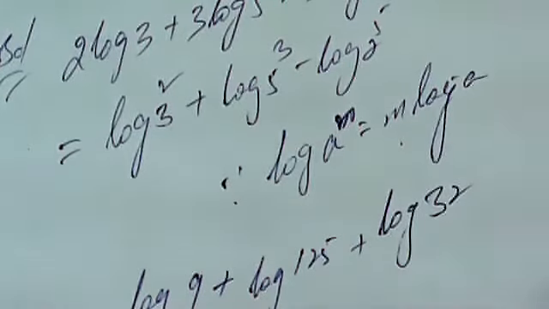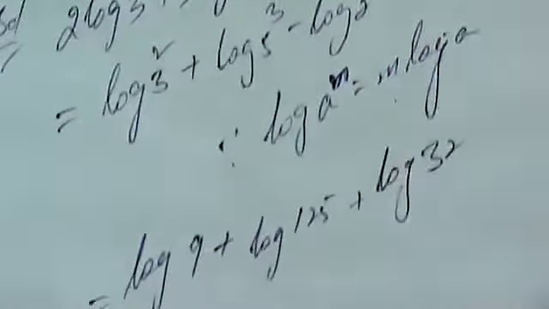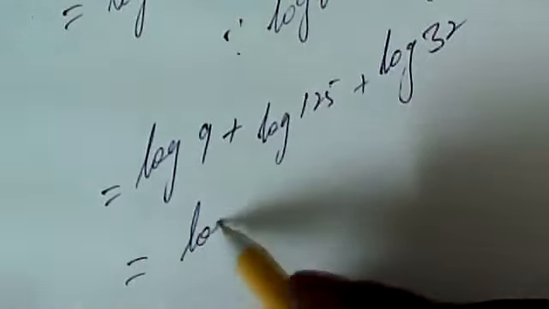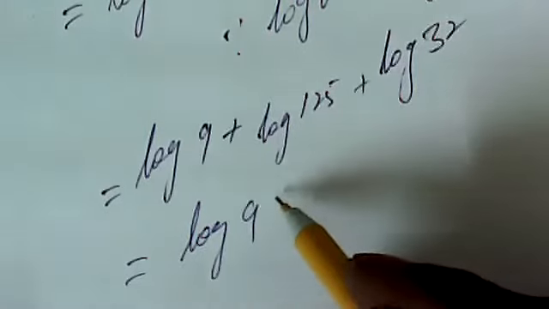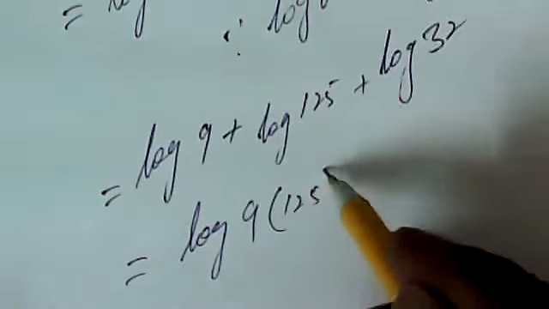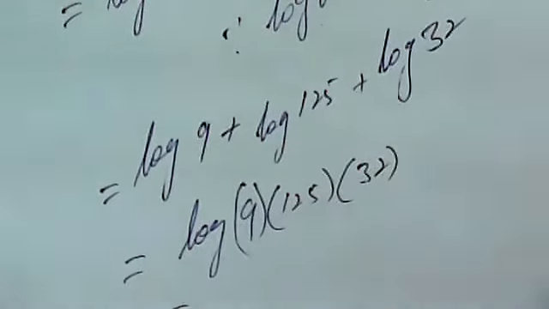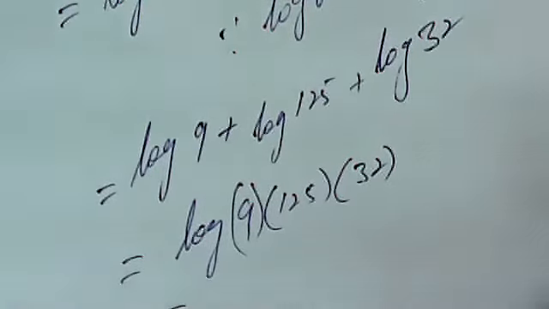It is 2 into 2 into 2 into 2 into 2. Now, the product rule: log of 9 into 125 into 32. We multiply this.